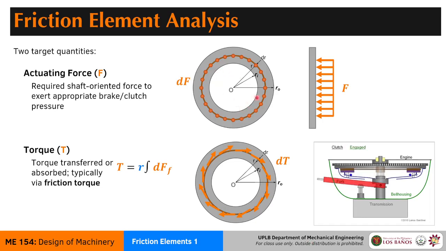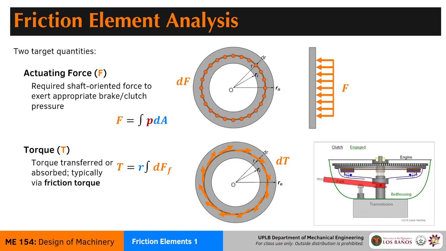As you can see here, this is a ring element, but if you look from the side, the force is distributed over the entire area of the clutch, and of course the entire area of the other surface that it's touching. This force is spread out over a particular kind of area, and depending on the definition of that area, the function of the force will change.